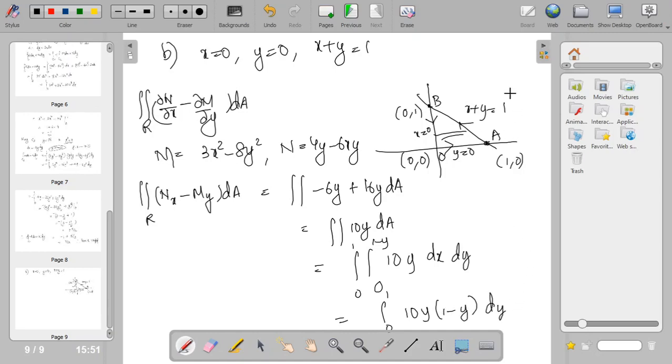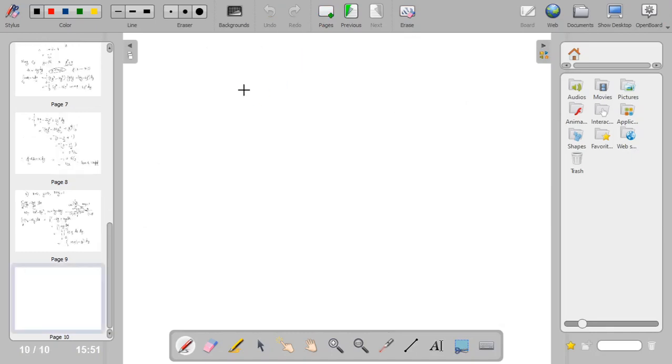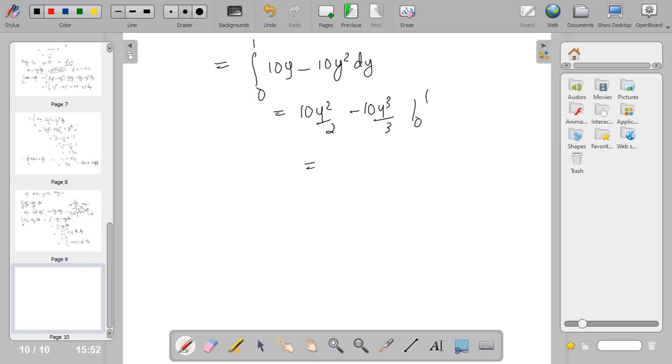So again when you integrate, that will be integral 0 to 1 10y minus 10y square dy. So that is 10y square by 2 minus 10y cube by 3 from 0 to 1. So that is 10 into 1 by 6. So you will get 5 by 3. So the first integral will be equal to 5 by 3.